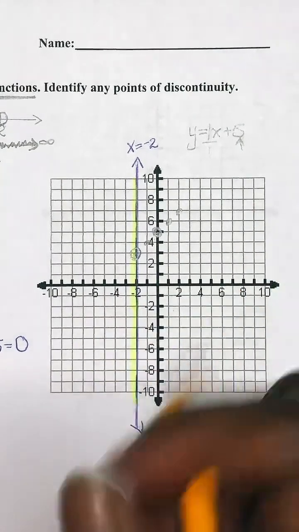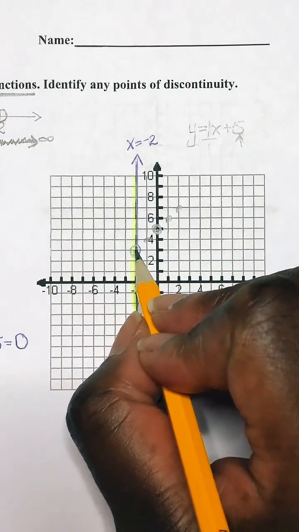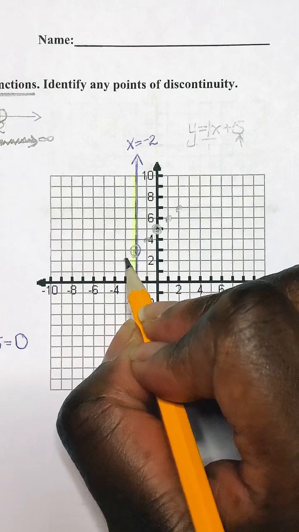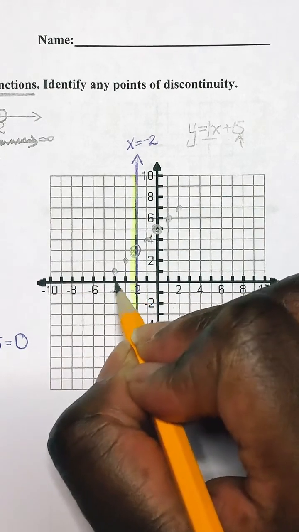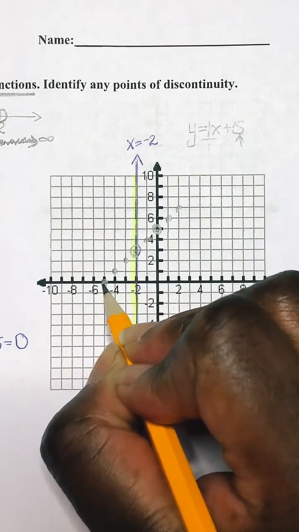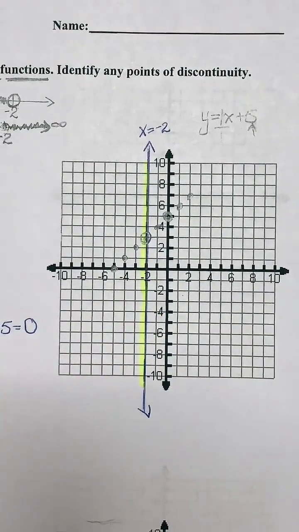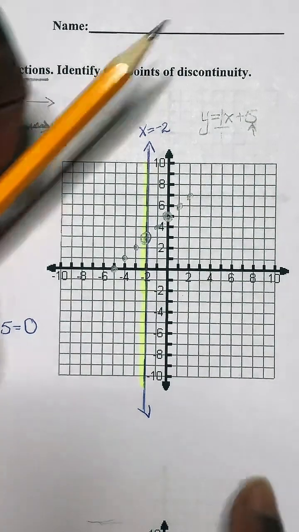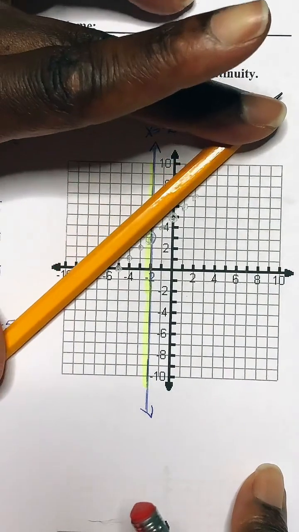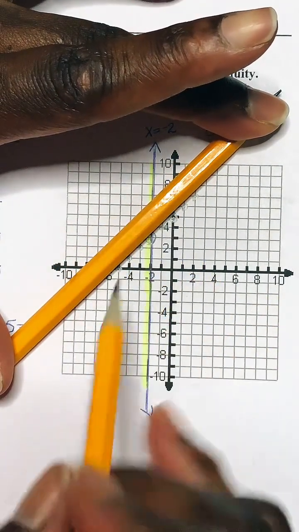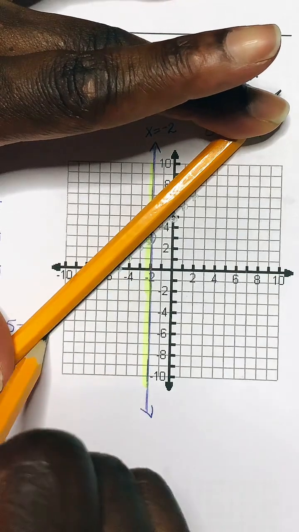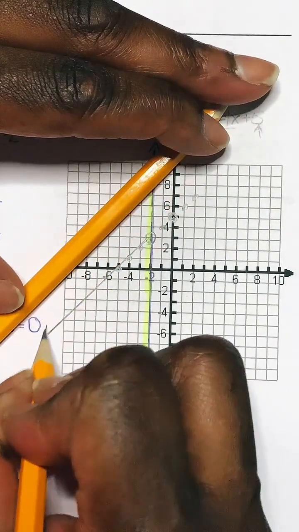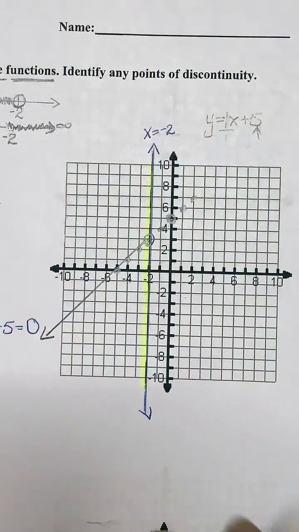But then I continue going down 1 to the left 1, down 1 to the left 1, down 1 to the left 1, until I can see my line. So you're not graphing the whole entire line. No, you're graphing from -2 all the way to -infinity.